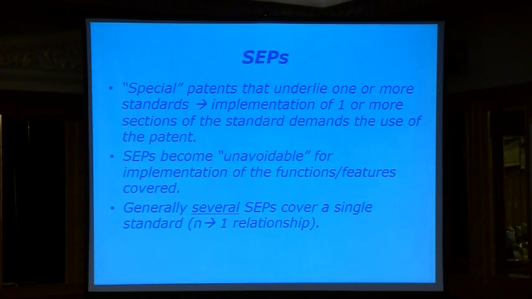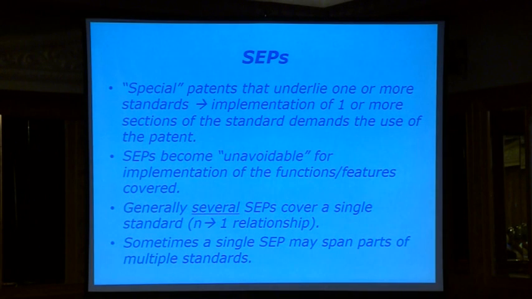Several SEPs will cover one standard, so it's an N:1 relationship. When I'm talking of conforming to a standard, I'm talking of conforming to several patents. And sometimes a single SEP may span parts of multiple standards as well. That also happens, so it can be the other way around, 1:N.